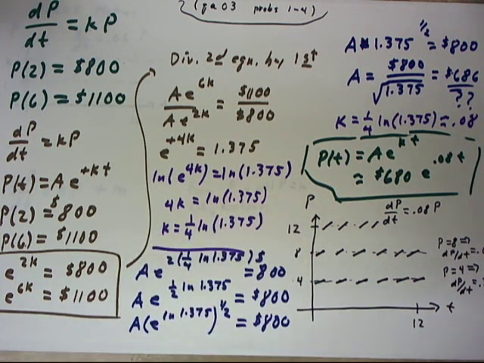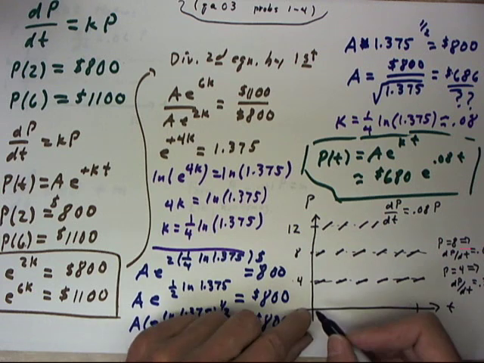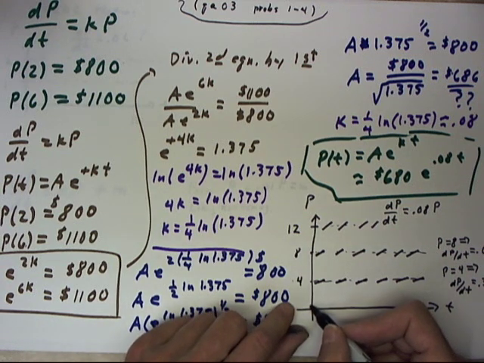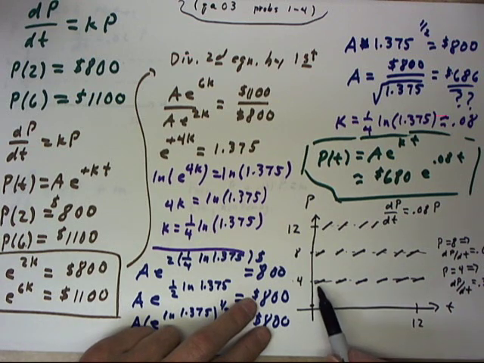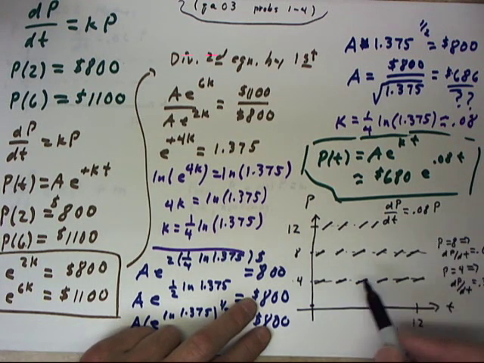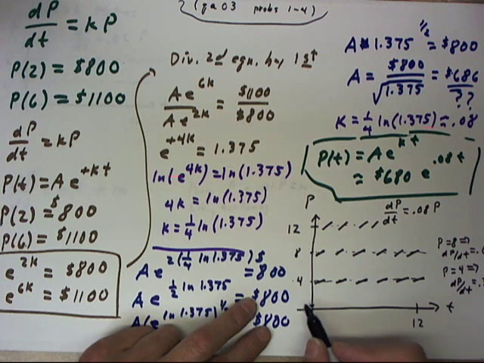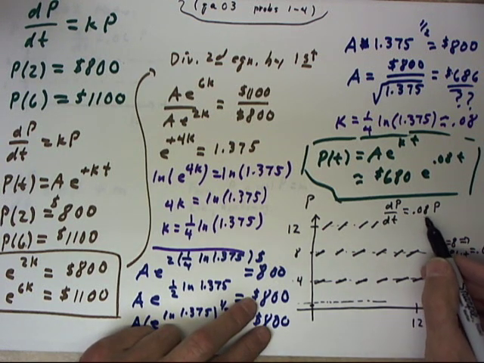If we start out with a principal of, let's say, $686, well, $686 is way down here. We haven't even drawn the slope field here because the slopes get pretty small. At t equals 1, our slopes are 0.08.